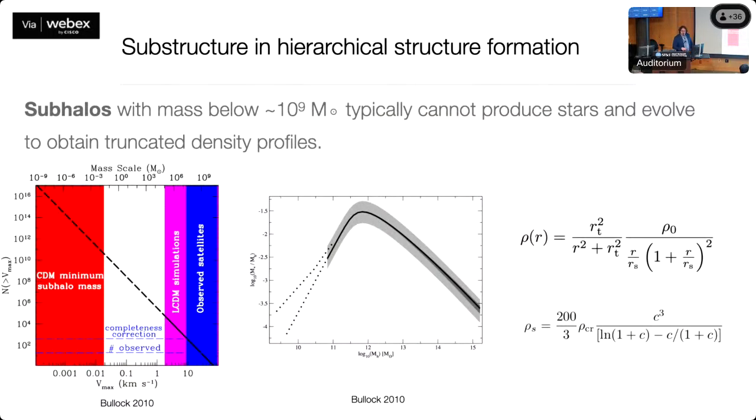Not all of these actually contain or form stars. There's quenching of star formation due to reionization, where these very low mass halos do not have enough virial temperature to cool and form stars. On the left is an archaic plot, but it still kind of holds.